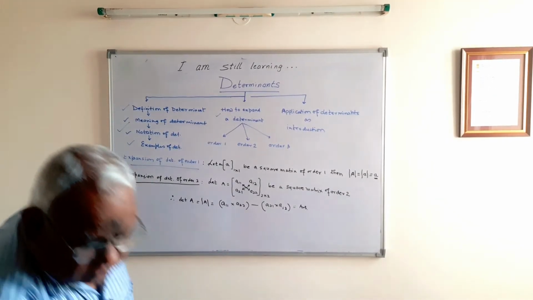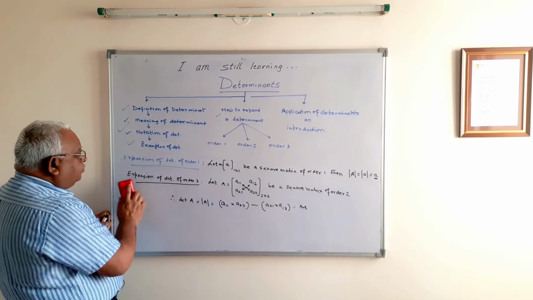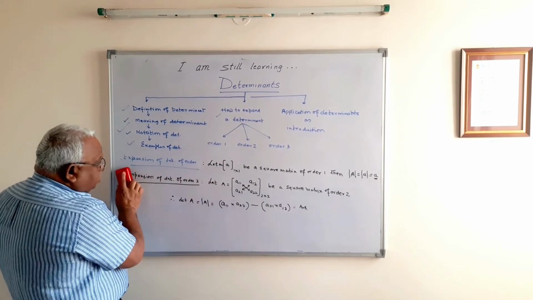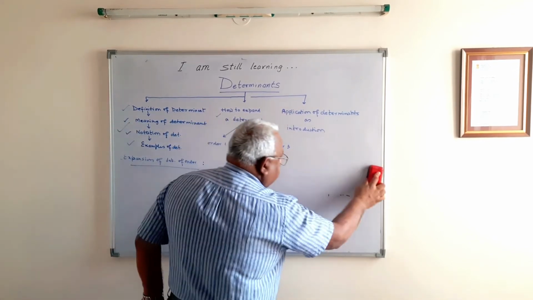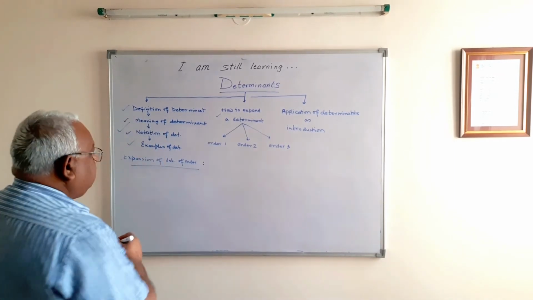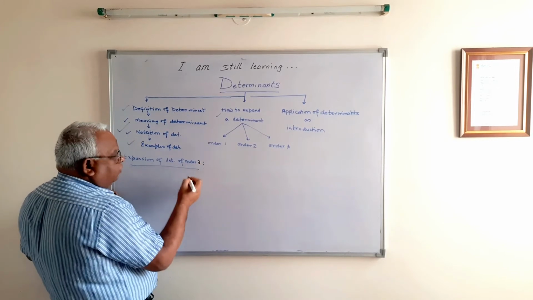Now let us move on to order 3. For that I will be needing a big space, so I need to rub it off. Expansion of determinant of order 3.